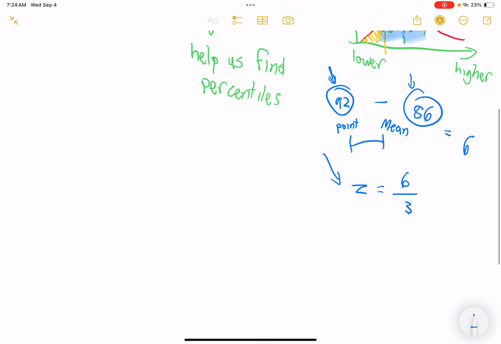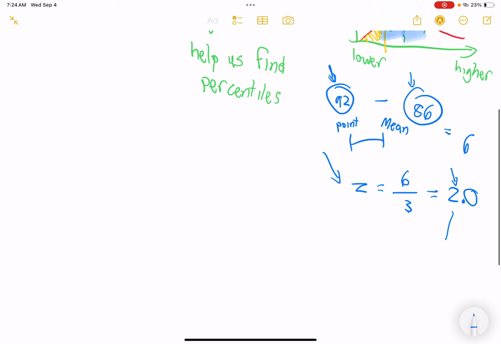And so that would mean that your z-score would be equal to 2.0. The wonderful thing here is because your z-score is a whole number, you already know that that means it's 2 standard deviations. I'm going to put a plus here because it's 2 standard deviations to the right of the mean.